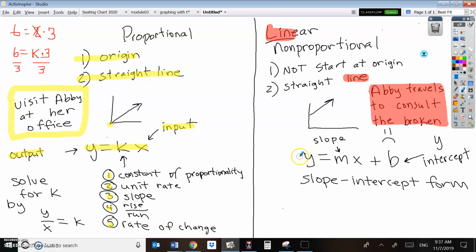This equation right here is called slope-intercept form. b is the y-intercept. The y-intercept is the place on the y-axis where the line crosses the y-axis. m is the slope. The slope is still the same.